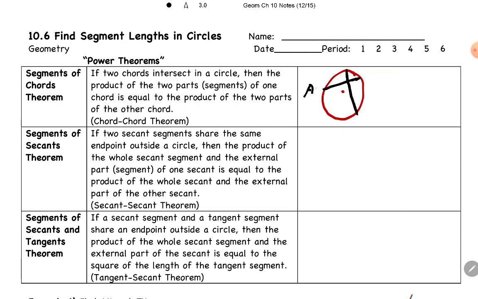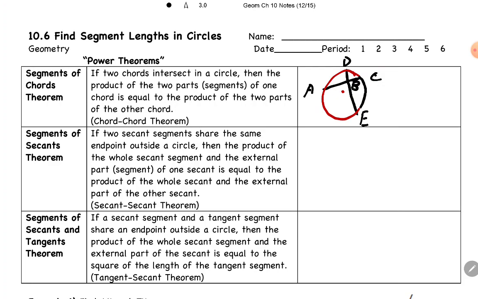Let's call this A, B in the middle, C, D up top, A on the bottom. So we'll be looking at segment lengths.